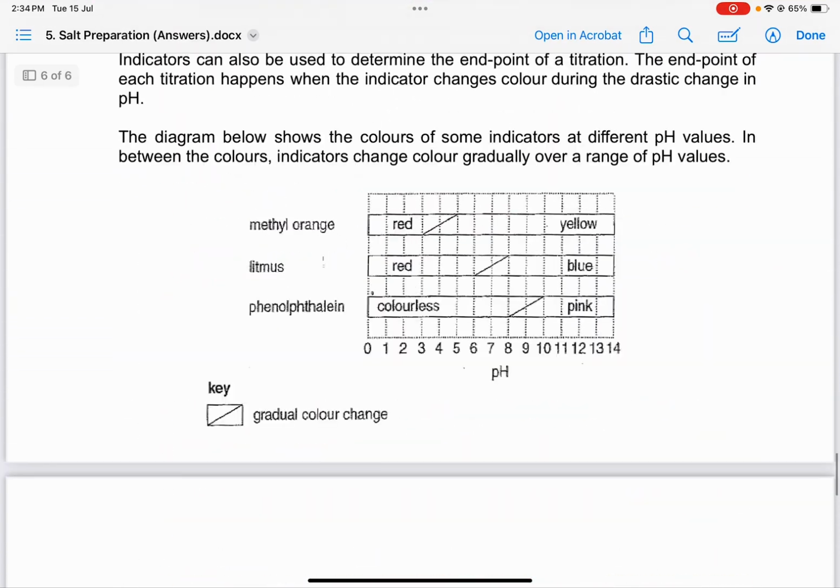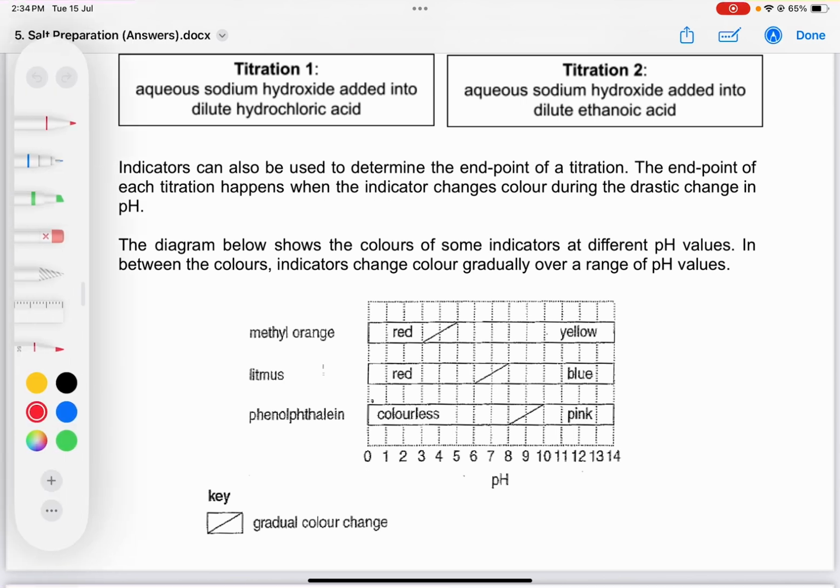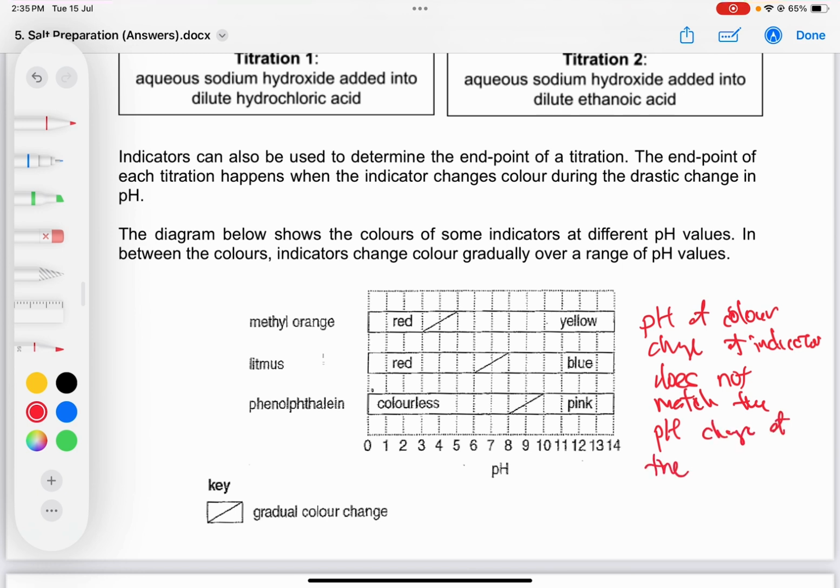So I just want to highlight what I wanted to write just now. It was that the pH of color change of the indicator does not match the pH change of the drastic change.